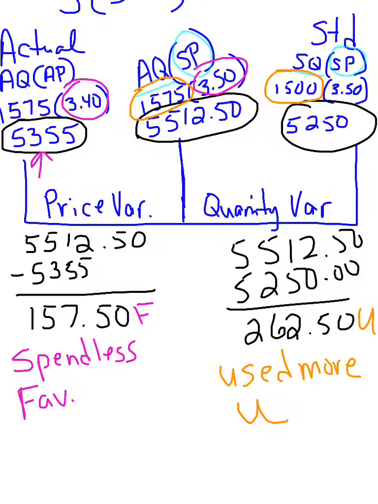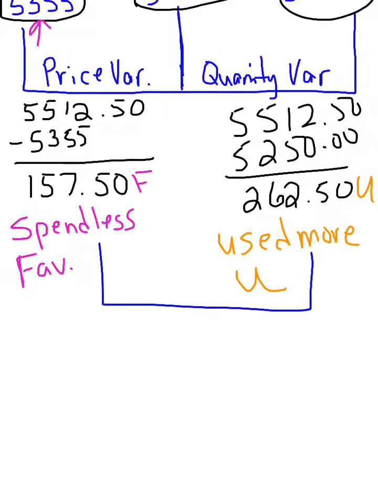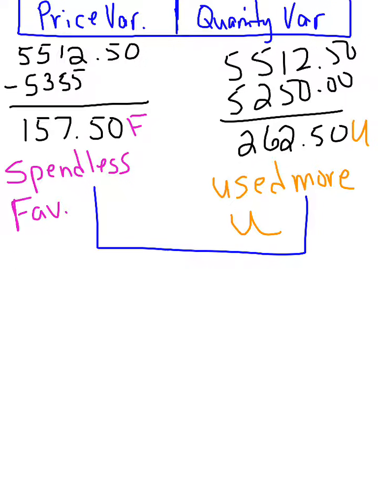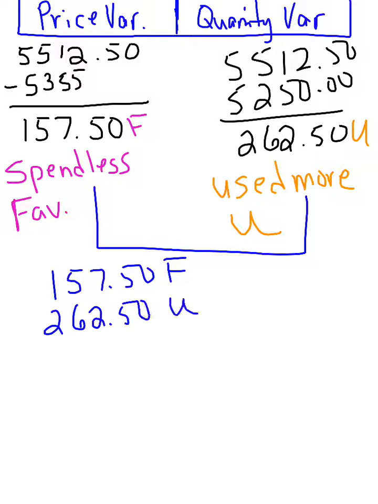When I get ready to look at the overall or total variance, I could compare these two items. The way I would compare them is I would take the $157.50 that was favorable and the $262.50 that's unfavorable.